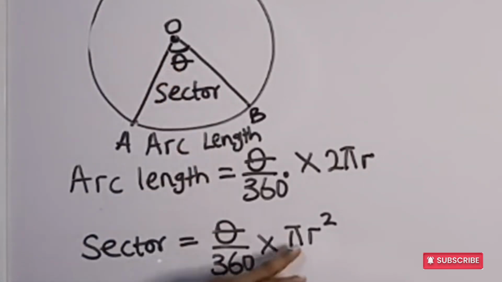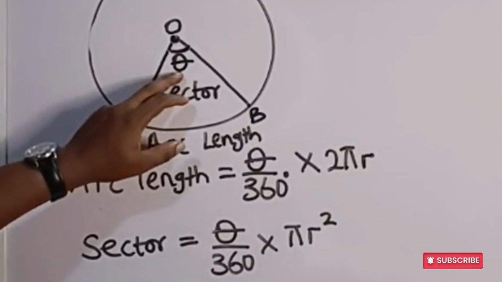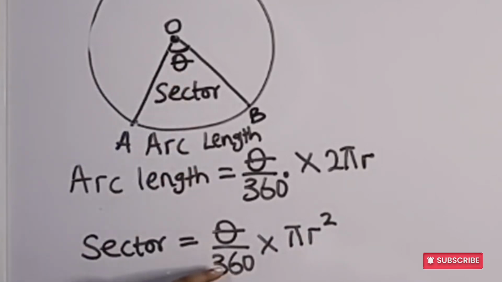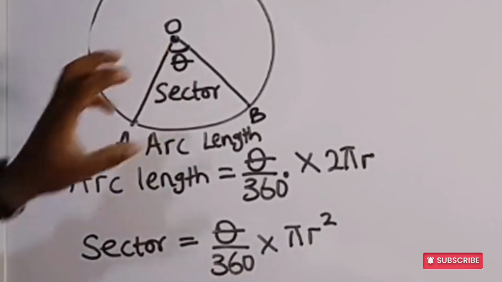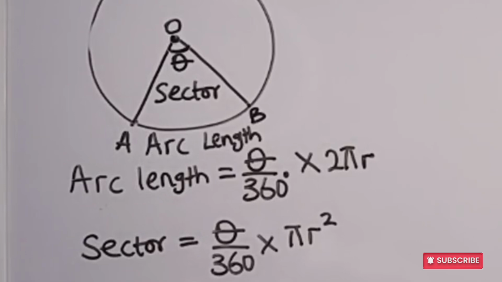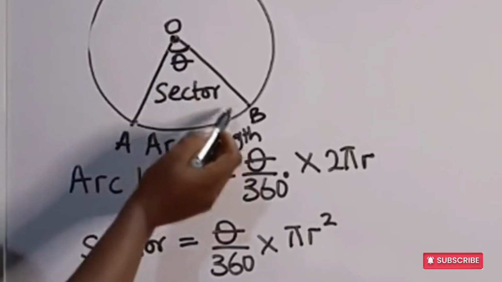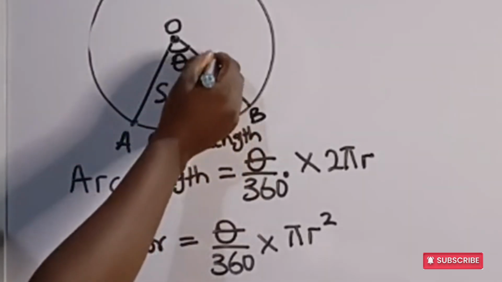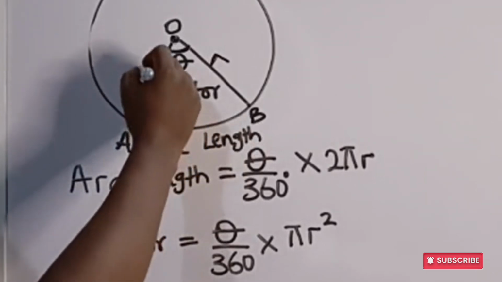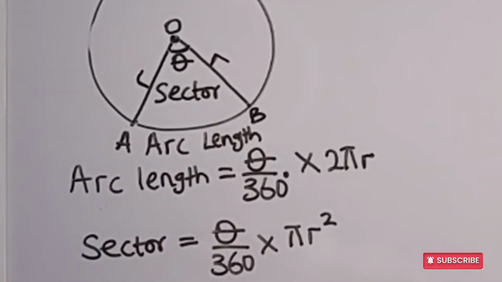Okay, so pi r squared is the area. Theta over 360 represents the fraction of the area. So the bigger the angle, the bigger the value of the sector. The smaller the angle, the smaller the value of the sector. So remember, the line from the center to the circumference is radius. Also here is radius. Okay, let's look at an example.